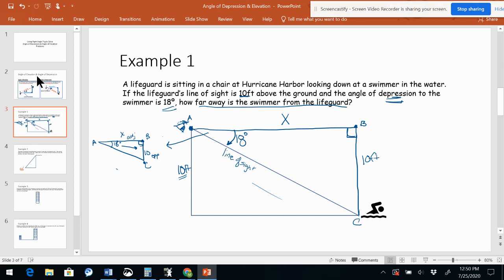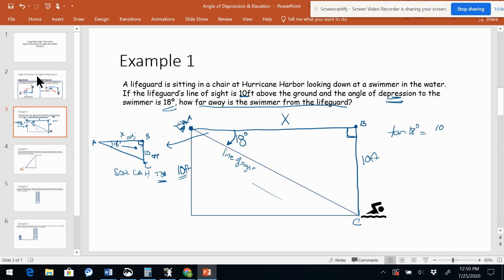So what trig function has the ratio of opposite to adjacent? That would be my tangent function. So tangent of 18 degrees is opposite over adjacent.